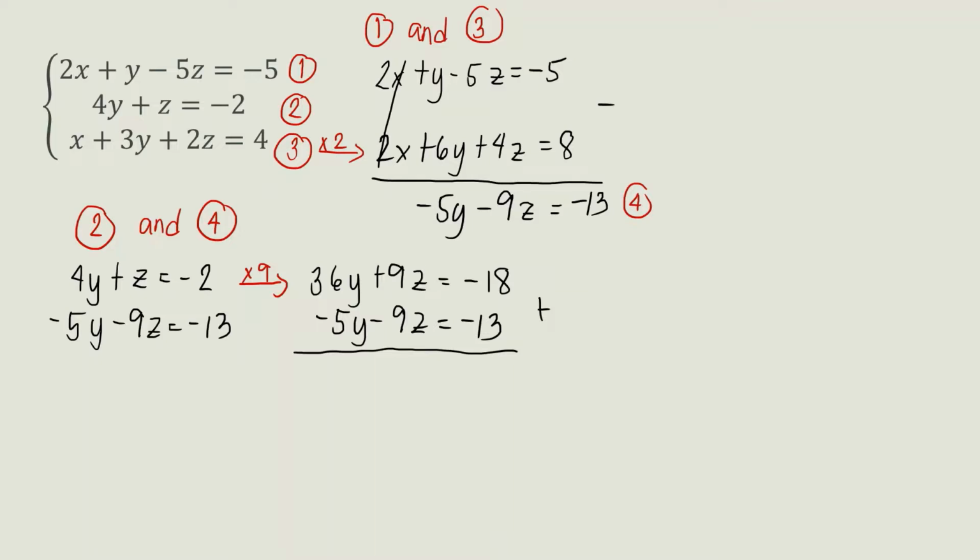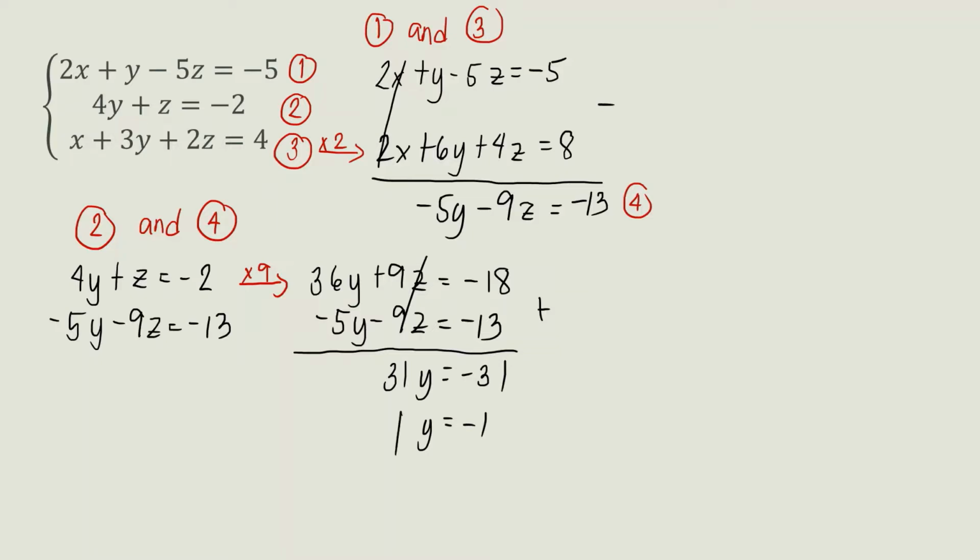Next is 36y plus negative 5y, so that is 31y is equal to negative 18 plus negative 13, which is negative 31. y is equal to negative 31 divided by 31, which is negative 1. So we got the value of y.